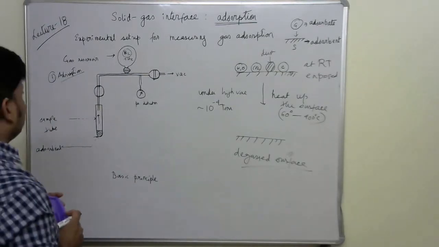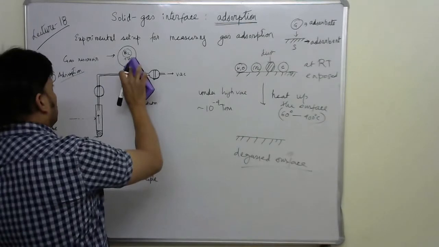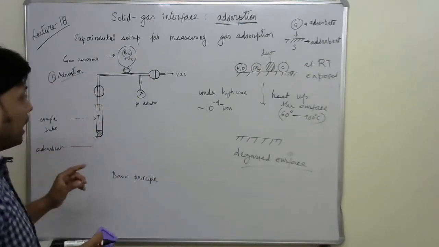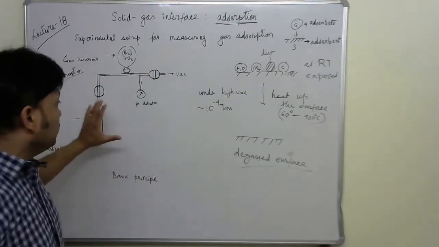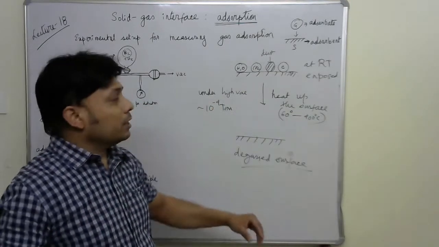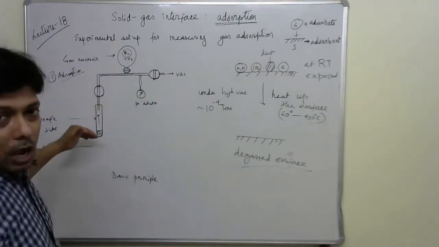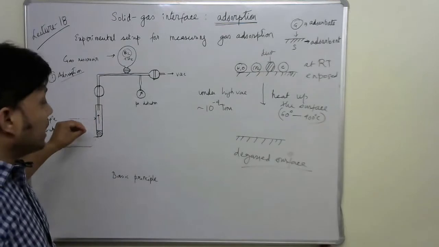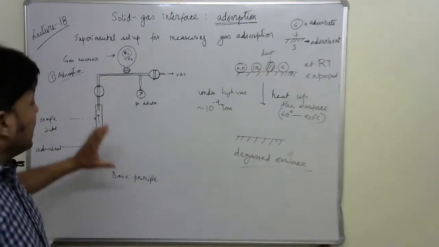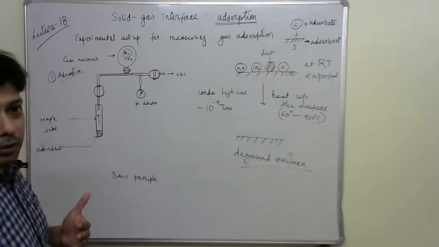Then we have to open the gas reservoir for adsorption. But before that, I told you the temperature was raised to 100 degrees or more. So the temperature has to be cooled down to a lower temperature so that the adsorption process is facilitated. Usually that lower temperature is taken as the liquid nitrogen temperature.